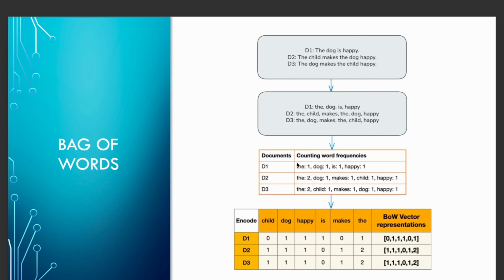Once we have done the counting of the words and have the frequency of each word, we can get our bag of words representation. First we need to get the unique words in all of the documents, the whole corpus. So we have child, dog, happy, is, makes, the.